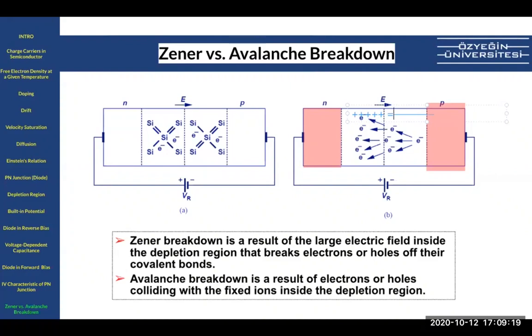But now they start to get inside this region, and when they start to collide with the ions, a different phenomenon called avalanche breakdown happens, and the circuit now operates in a much different way than with the Zener breakdown, but it's still a breakdown.